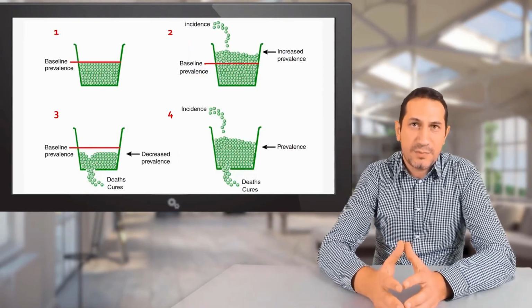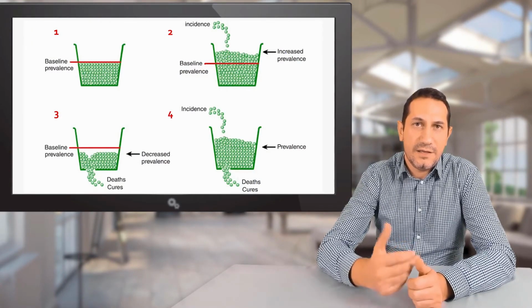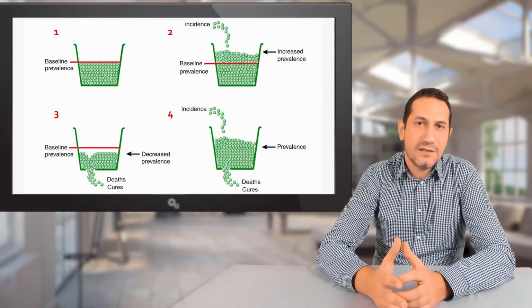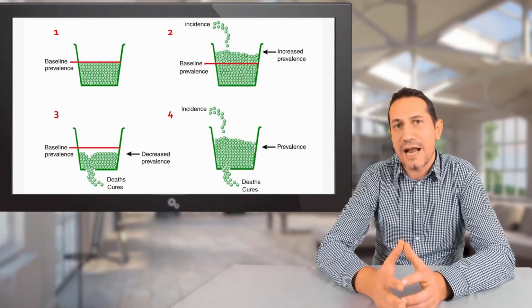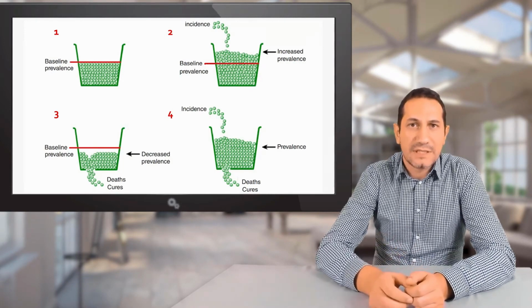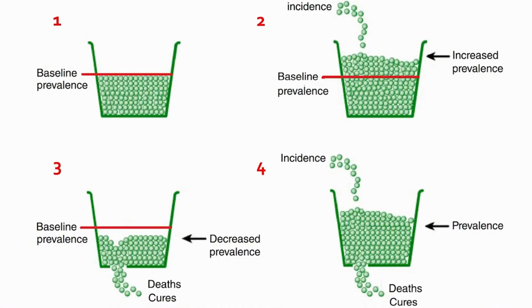The relationship between incidence and prevalence and the deaths or recovery is depicted in a classical analogy of a bucket where the pebbles inside the bucket are cases. At the baseline, let's say, we have a certain level of prevalence.